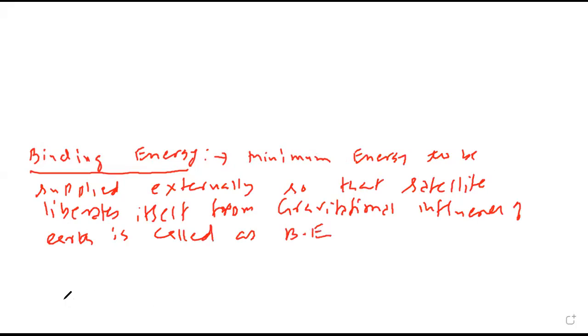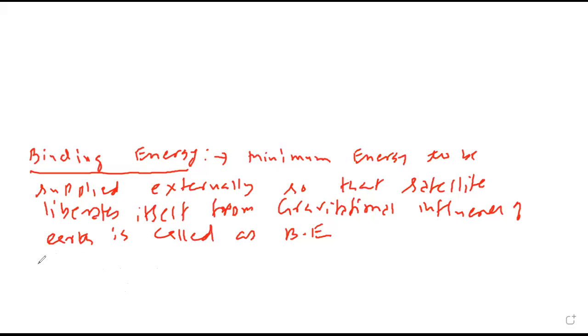So binding energy is the minimum energy required to liberate the satellite. If I find kinetic energy, potential energy, total energy, the opposite of total energy will be the binding energy.